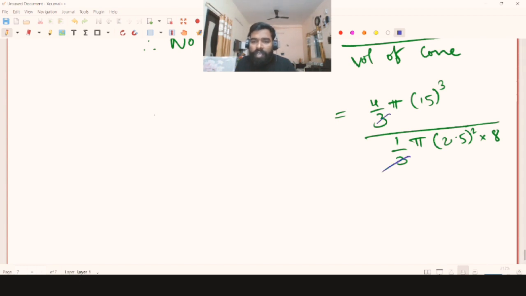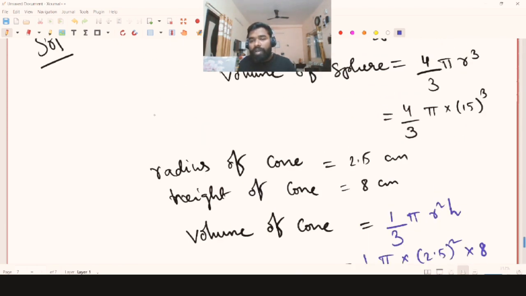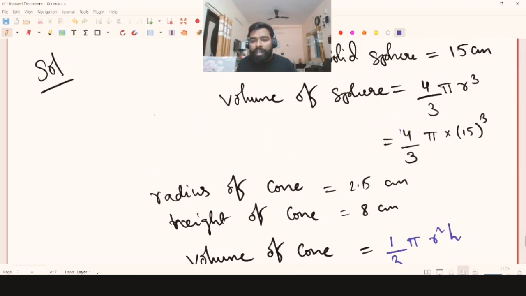So 3 and 3 cancel, pi and pi cancel. So you have 4 into 15 into 15 into 15. Some of you initially calculate the value right here, and that is the biggest mistake, because you need to spend more time on this question.